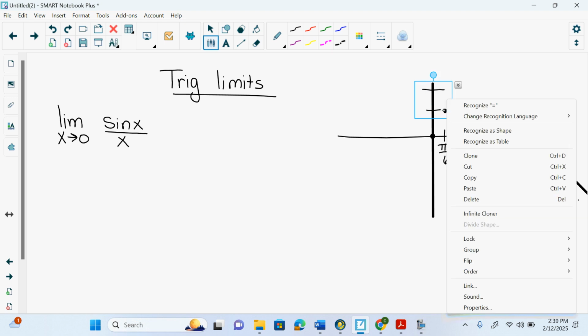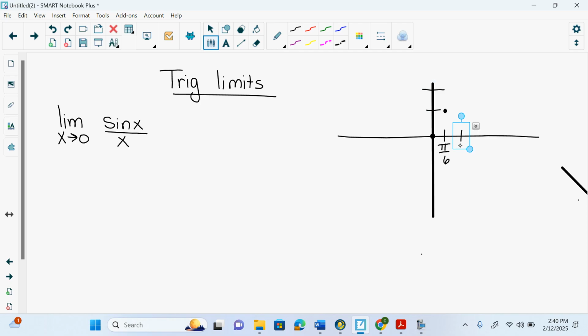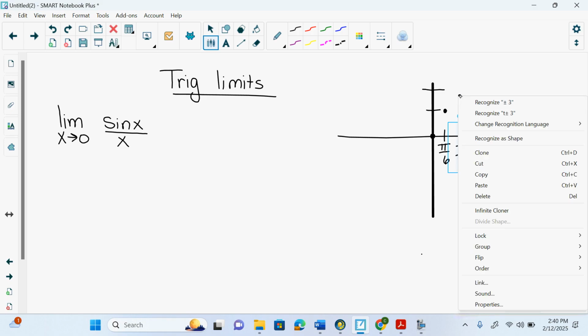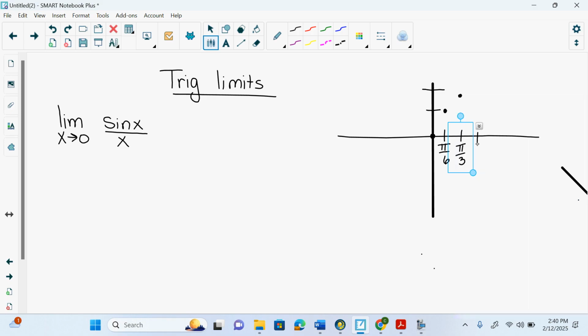And then pi over 3, which is 60, it's at about 0.87. And then at pi over 2, it's at 1. Then at negative pi over 6 it would be negative 0.5, negative pi over 3, negative 0.866, and negative pi over 2 would be down to negative 1.